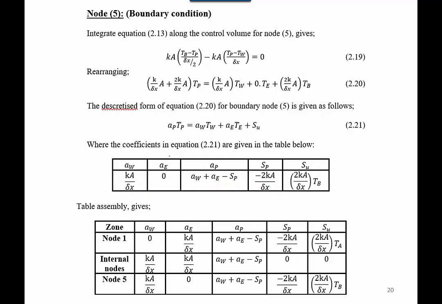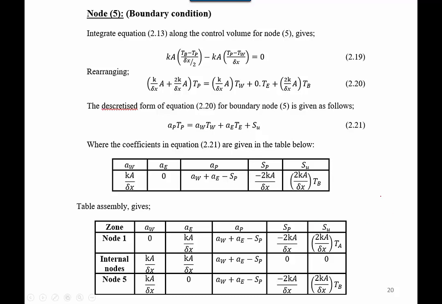So we will have a third table, and if we assemble the three tables together, we will have this assembly table for each zone: the internal node, node number 1, and control volume number 5, all together with values of variables.